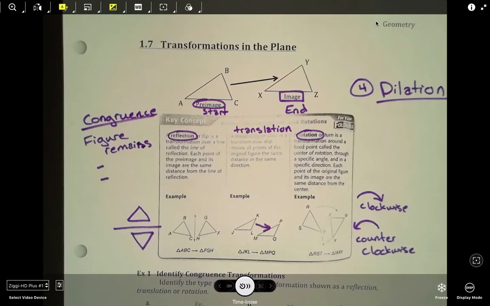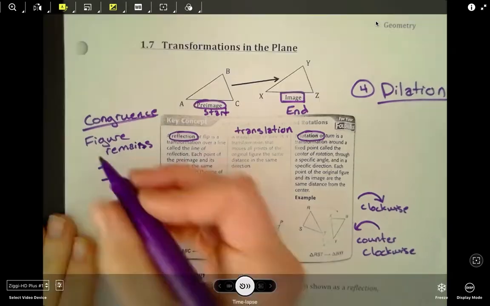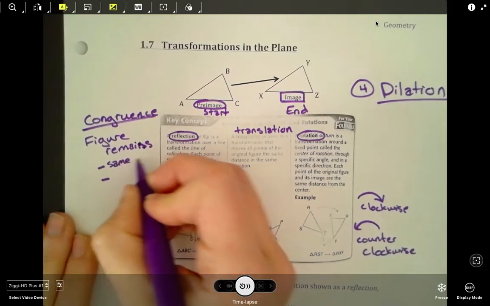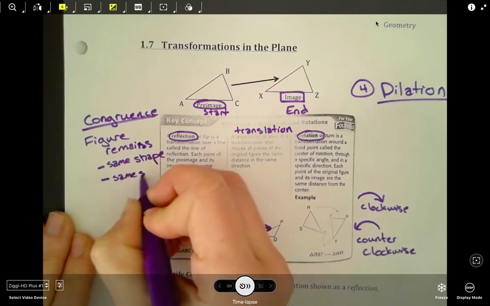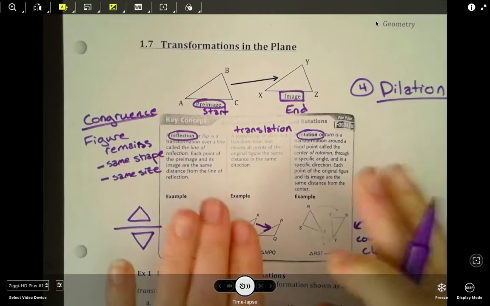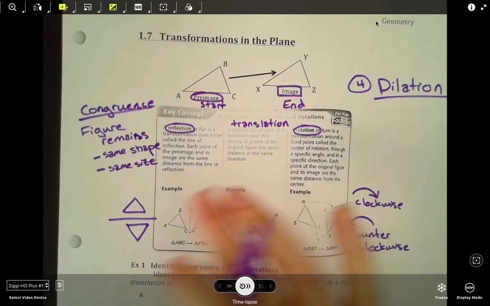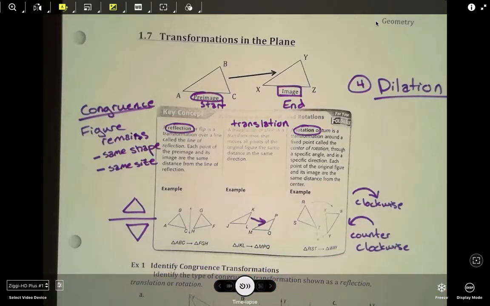What are the two qualities that congruent figures have? Same shape and same size. So in each one of these, whether I'm reflecting it, sliding it, or rotating it, that figure stays exactly the same shape and exactly the same size.